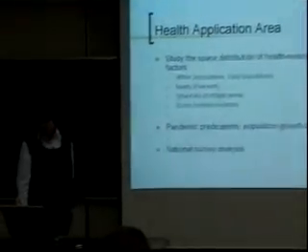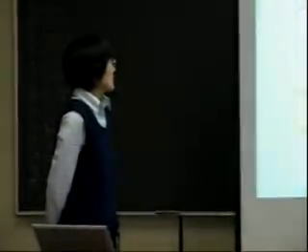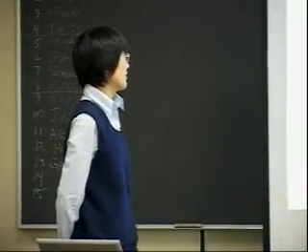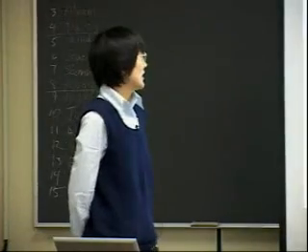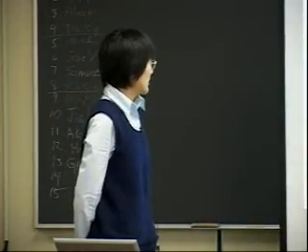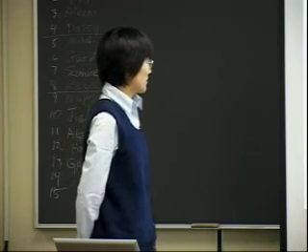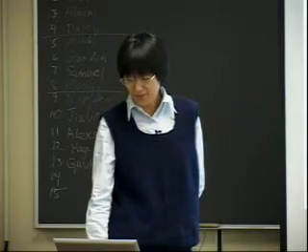With all those data on hand, we are able to study the space distribution of health-related risk factors based on data such as areas of poverty, physician shortage areas, and toxic release inventory, and we are able to do pandemic predictions, population growth analysis, and so on.